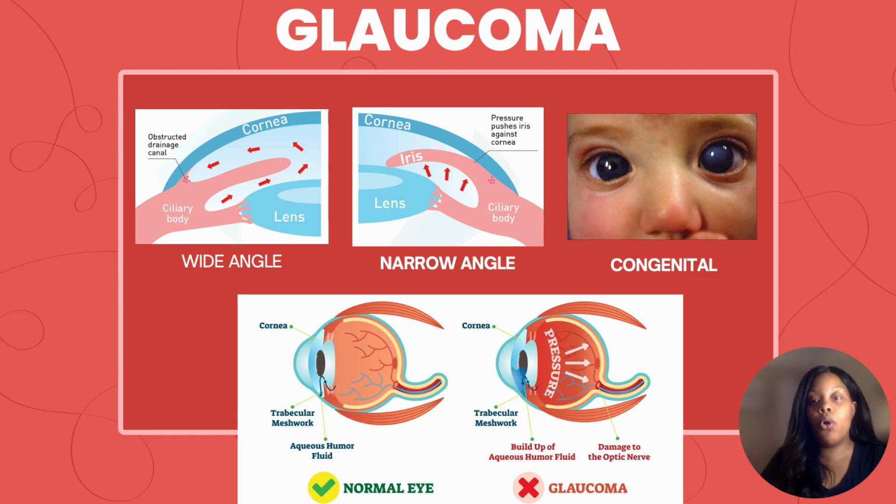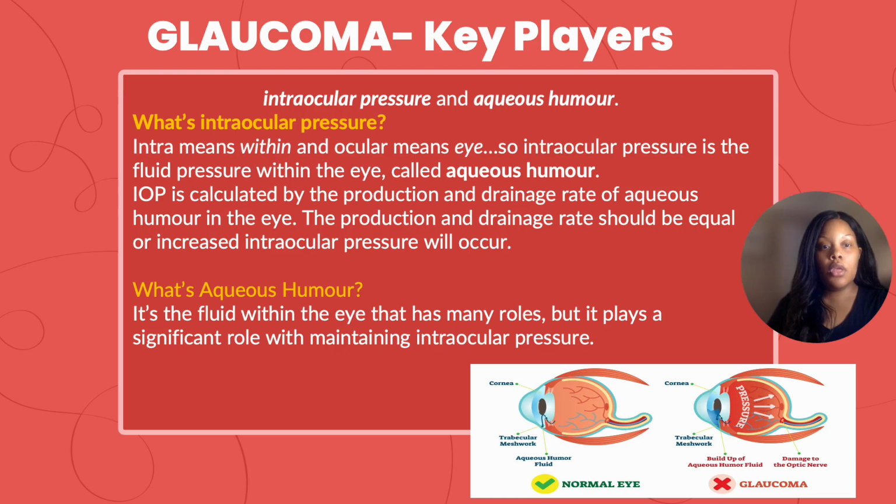So what is normal intraocular pressure? 10 to 21 mmHg would be a normal intraocular pressure. So when talking about glaucoma, we have two key players, and that is your intraocular pressure, which is just the pressure within your eye, right? And the fluid that is in there is called your aqueous humor.